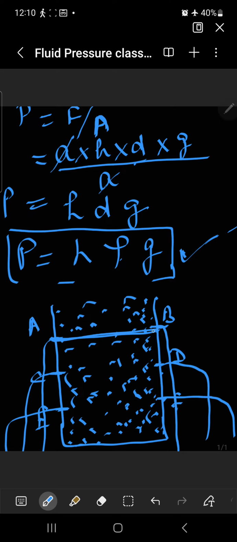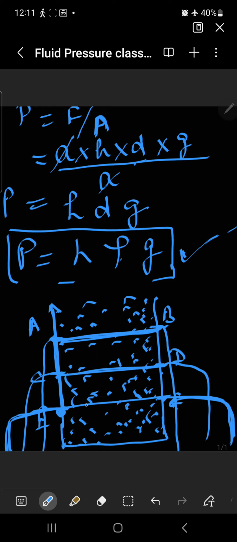As we put a hole nearer to the surface, the height of the fluid here is the maximum as compared to AB or CD. So the pressure of water coming out from this point is high. We had learned that if we increase the height, the pressure will increase.